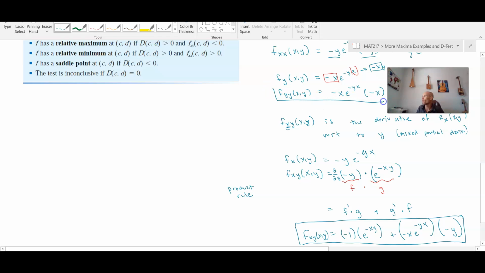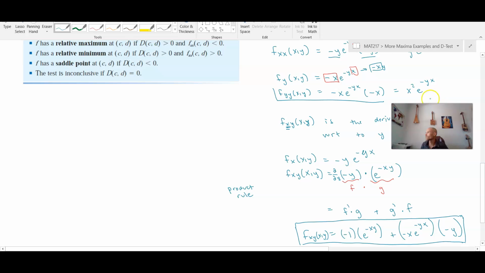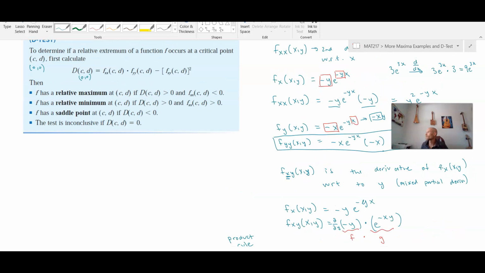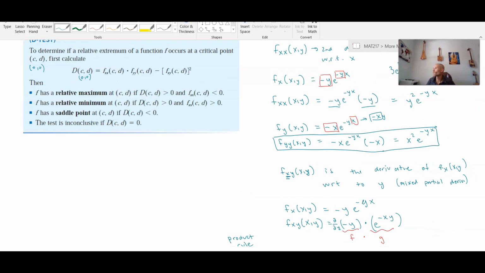F sub yy, F sub xx right here at the top, and now it's going to be a matter of just plugging in our critical point into all three of these equations. So this says, first calculate D of 0, 0.